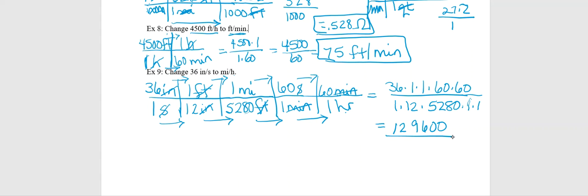I'm going to do 12 times 5280 on the bottom, gives me 63,360. 129,600 divided by 63,360. Not a whole number, so it's approximately 2.05, and it's miles per hour.